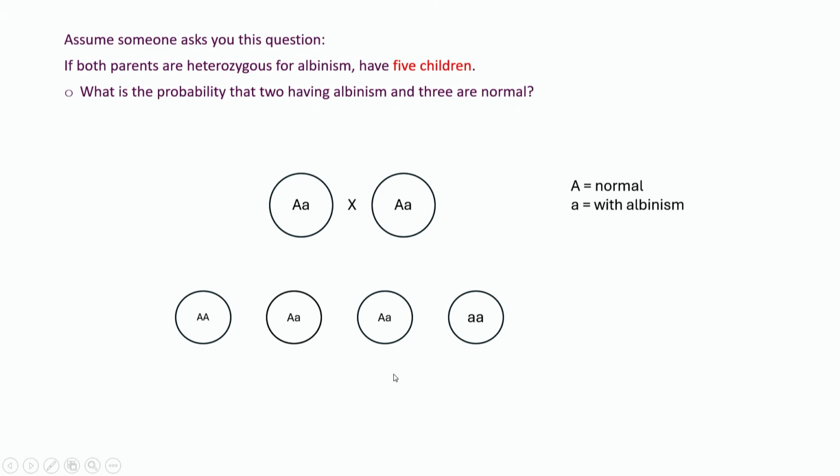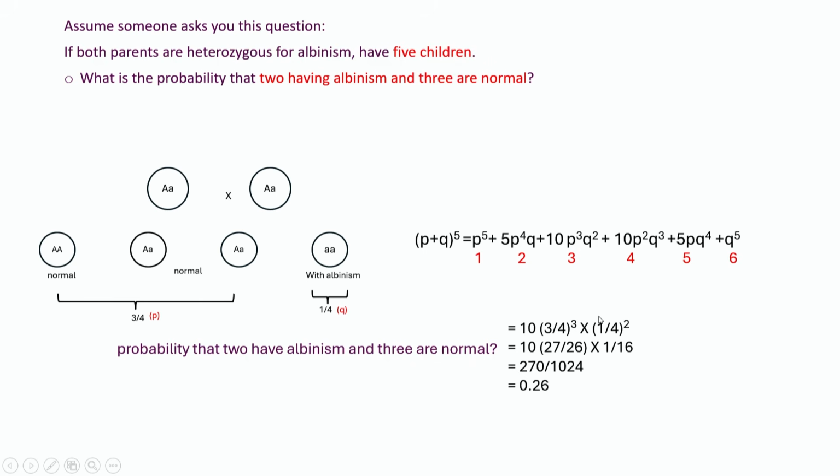So now, because we have learned how to solve the binomial, let's talk about the problem again: the parents have 5 children and we want to know the probability of having 2 albinism and 3 normal children. We already discussed that there are 3 by 4 chances to be normal and 1 by 4 chances to be albinic. If I consider 3 by 4 as P and 1 by 4 as Q, you can switch, it doesn't matter, and apply the binomial here.